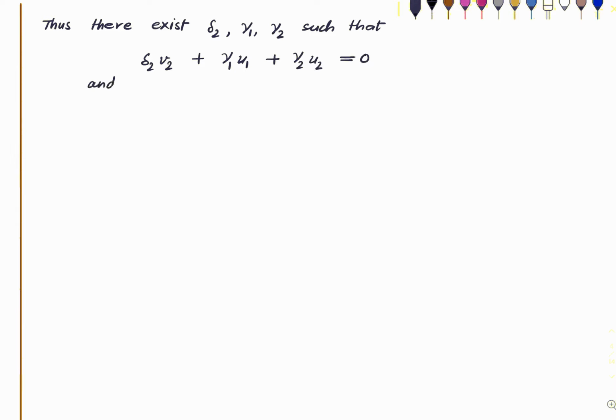there exist scalars, let's call them delta 2, gamma 1, gamma 2, such that delta 2 v2 plus gamma 1 u1 plus gamma 2 u2 is 0, and not all three of the scalars are 0.